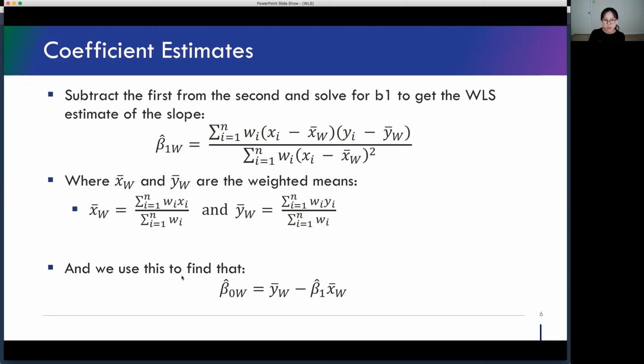With this information, we find that the weighted beta 0 hat equals y bar W minus this beta 1 hat W times x bar W. So basically our estimated intercept equals the weighted mean of y minus our weighted estimate of the slope times the weighted mean of x.